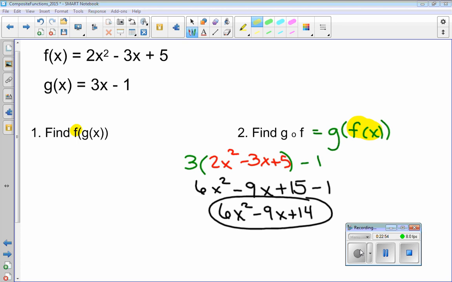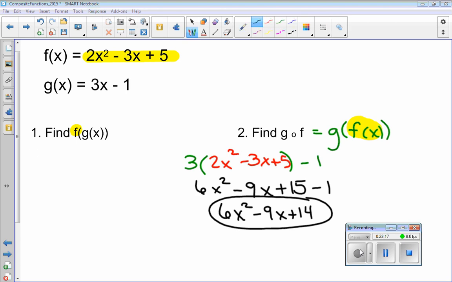All right, so on this problem, we're starting with our f. How many x's do you see in f? I see more than one. I see 2. I see an x squared and an x. So I'm going to put 2 parentheses down because I see 2 x's.